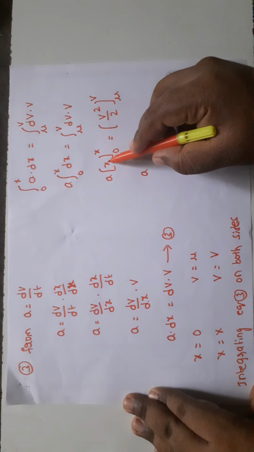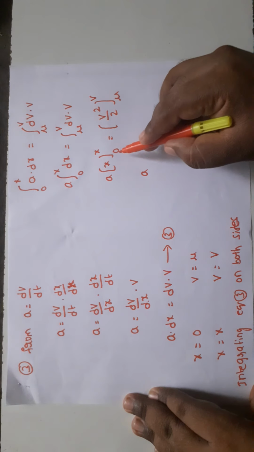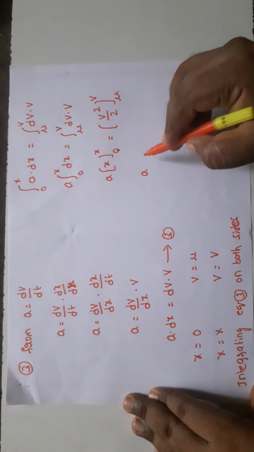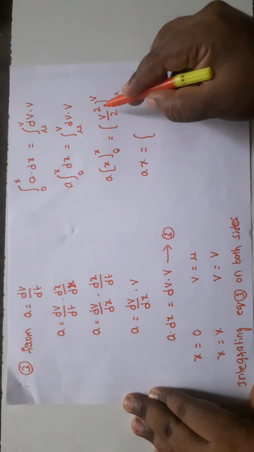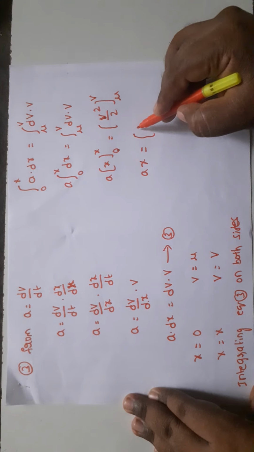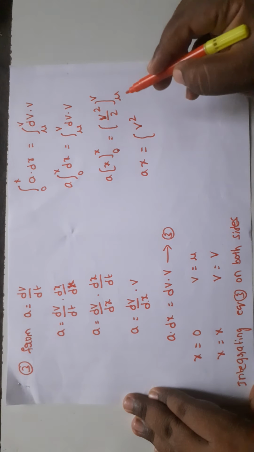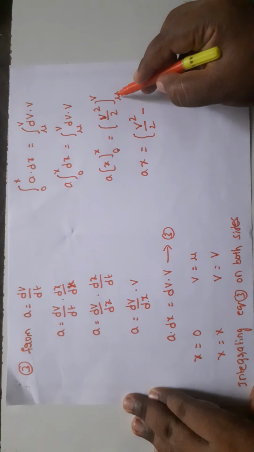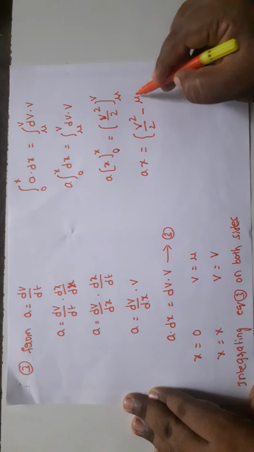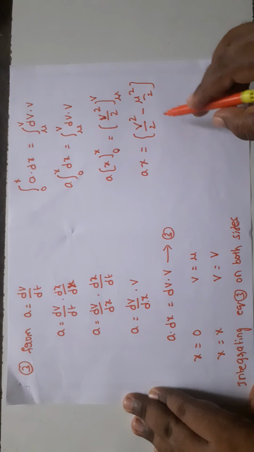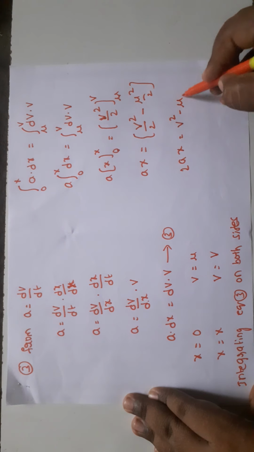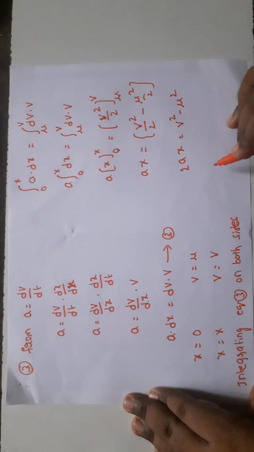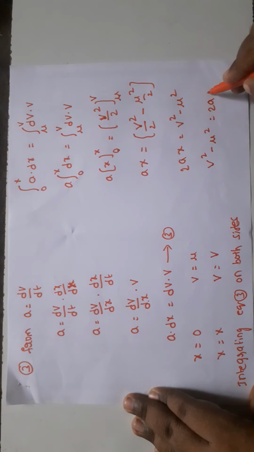Applying the limits, a into x equals upper limit v square by 2 minus lower limit u square by 2. Taking 2 here, 2ax equals v square minus u square. So this equation can be written as v square minus u square equals 2as.